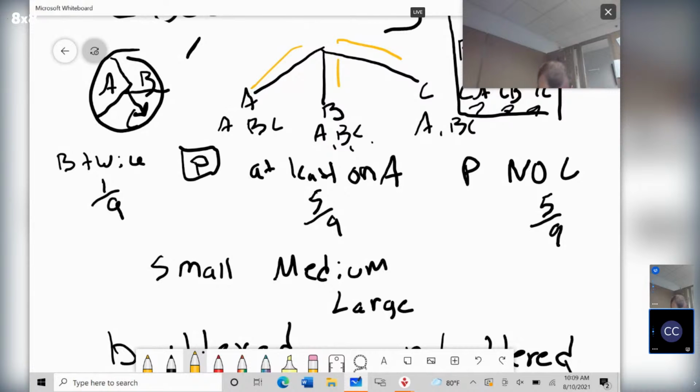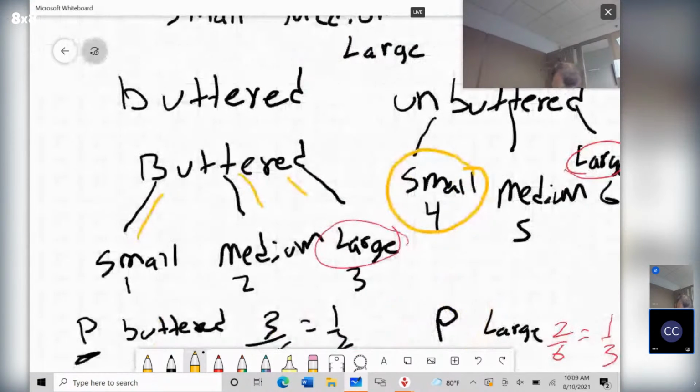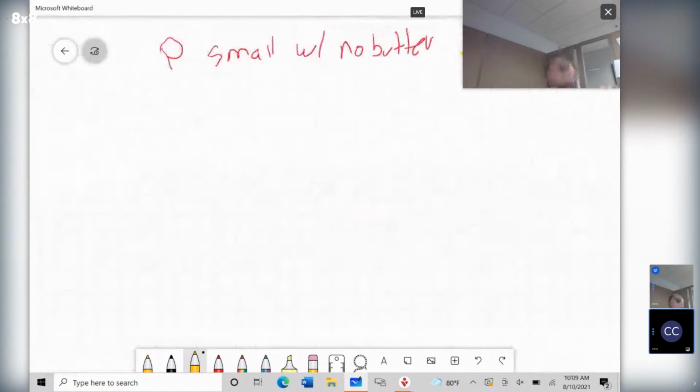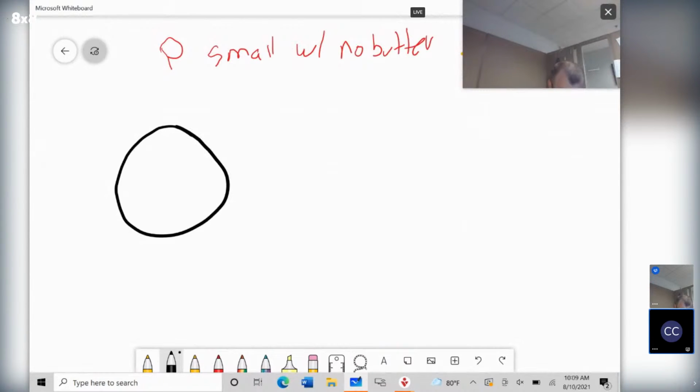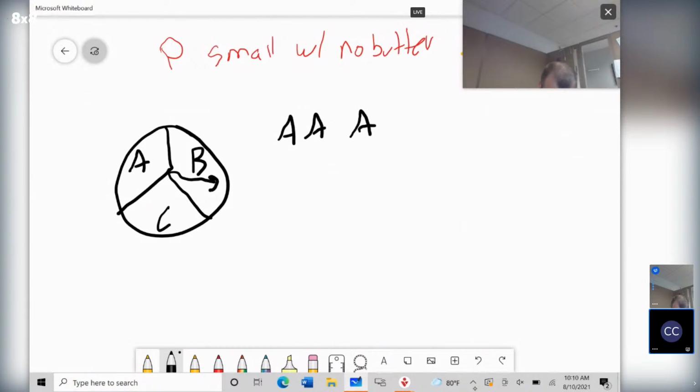Like I showed you that first one about the spinner. I'll just show you what you can do. The spinner, if it was A, B, and C, we had like a little arrow there. You can list, so you can write AA, AB, AC.